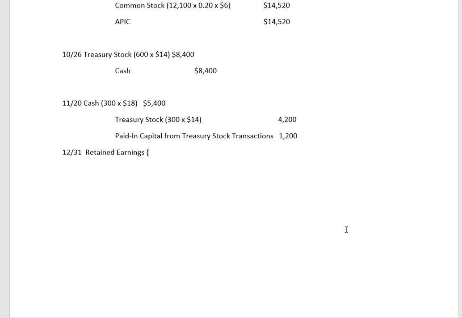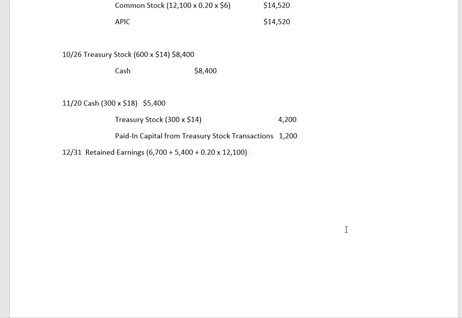Well, we started with 6,700 at the very beginning. We issued another 5,400 back on February 13th. Then on August 9th, we did a 20% stock dividend, right? So we have to do 20% of 12,100. So all of that equals 14,520 shares.